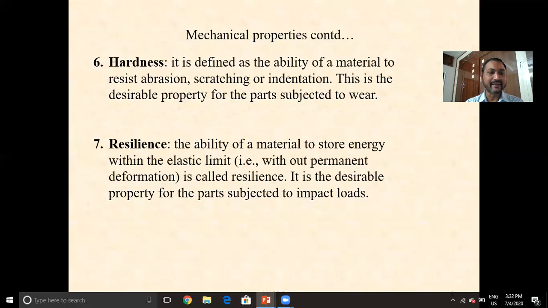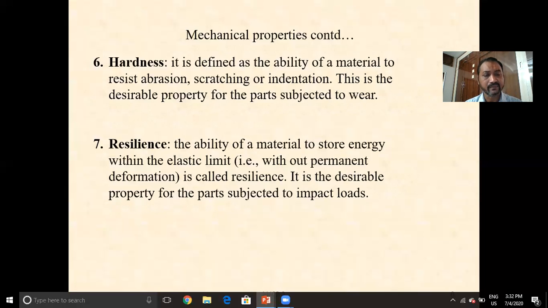Once again, hardness can be defined as the property by which the material offers resistance to indentation, penetration, scratching, or cutting. The hardest material in nature is diamond. That is the natural material, and artificially we have stellites, carbides, like that. We have so many materials now.